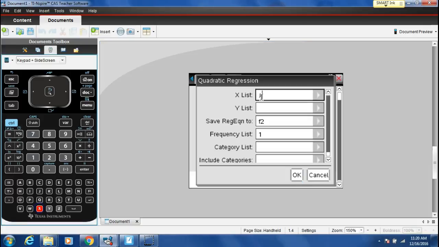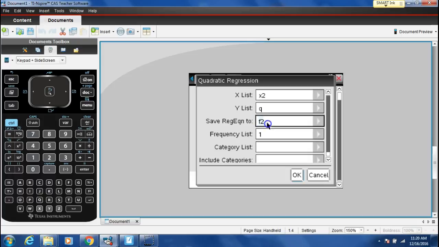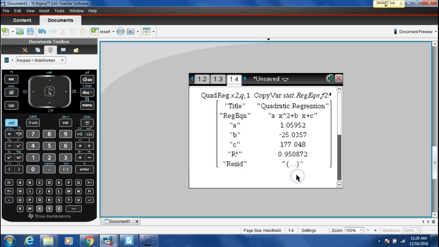Now x2 is my x list, q is my y list, and it's dumping it into f sub 2. It's telling me right here that it's dumping it into f sub 2, which is what I want. Okay? So there is my quadratic regression.